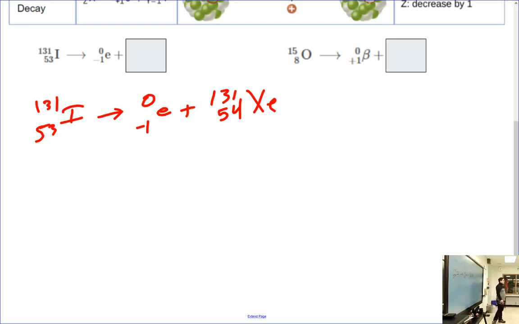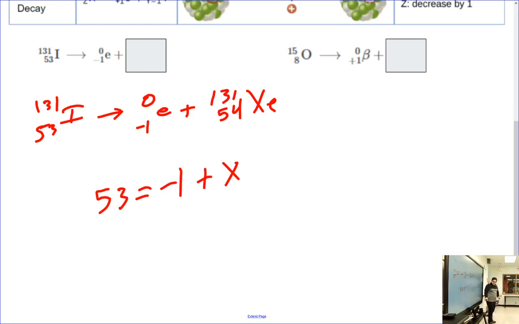Why on the last one did we actually subtract from it? On the alpha one, we subtracted from it. This one, we added to it. Well, we think about it as a math problem. We didn't know what it was going to do. So 53 equals negative 1 plus x.